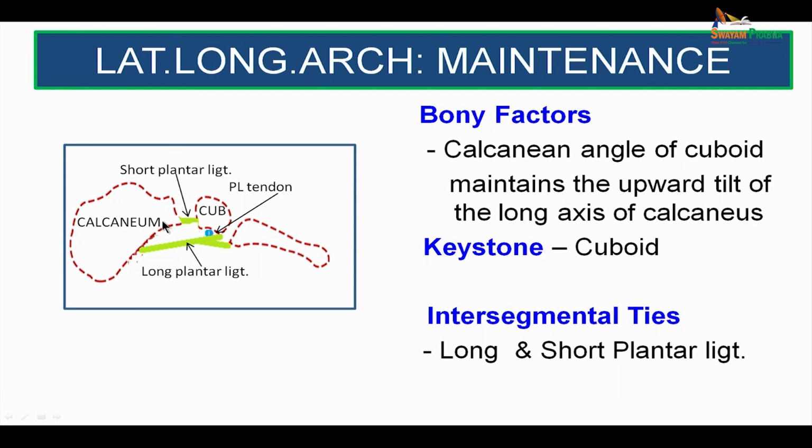This gives an upward tilt to the long axis of the calcaneum and helps in the maintenance of the arch. The keystone is the cuboid bone, and the intersegmental ties that hold the arch together are the long and short plantar ligaments on the plantar aspect.